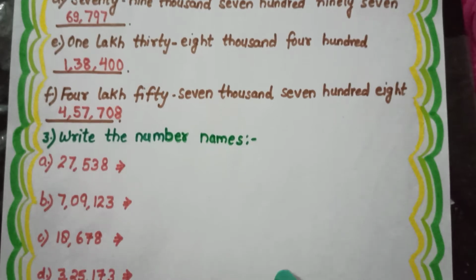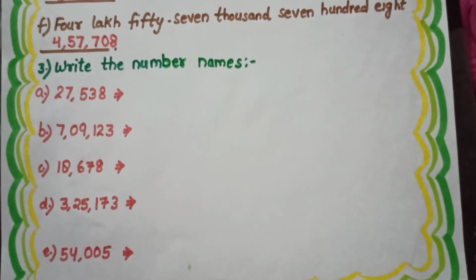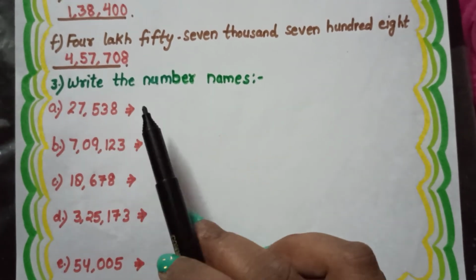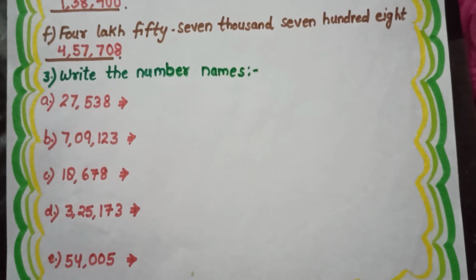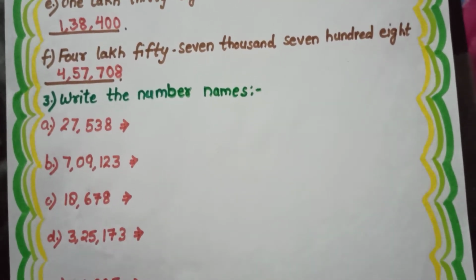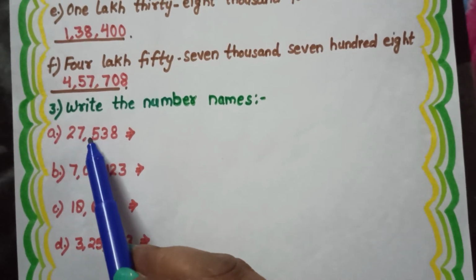Now in question number 3, what do we have to do? We have to write down the number names. First of all, in A part we have 27, then a comma, then 538.